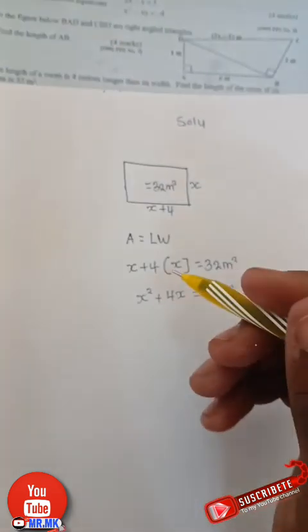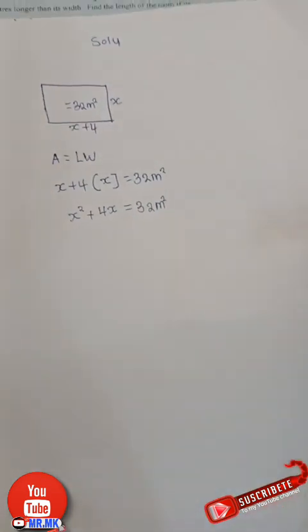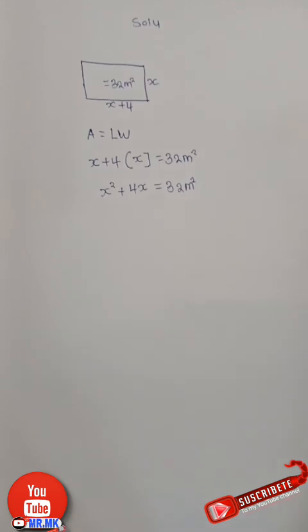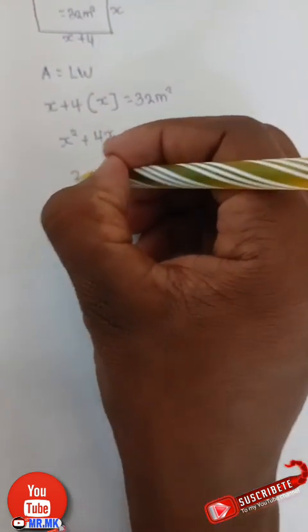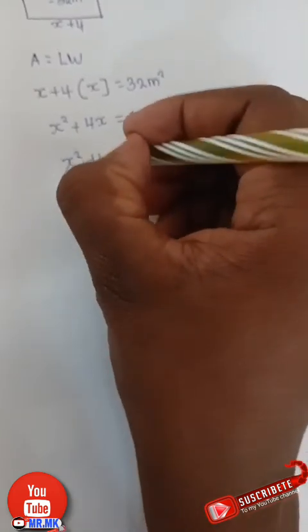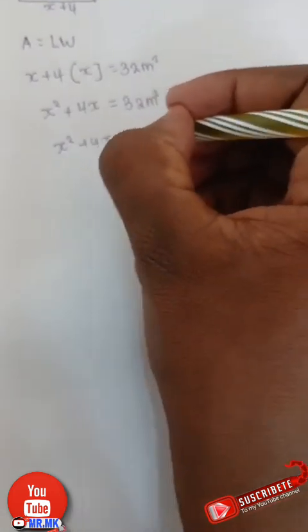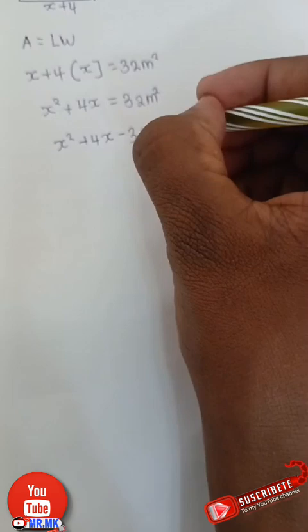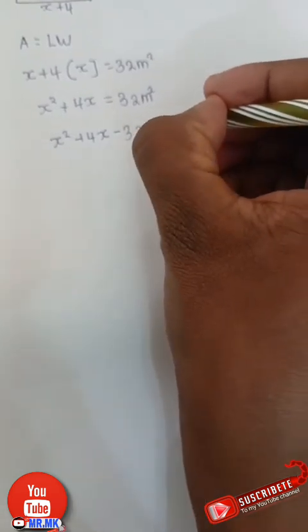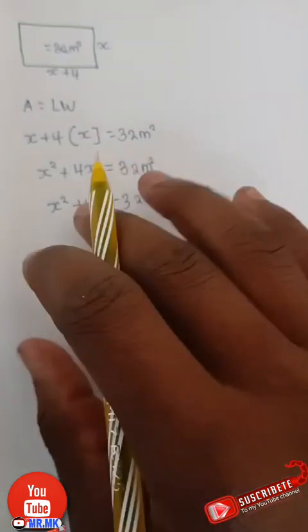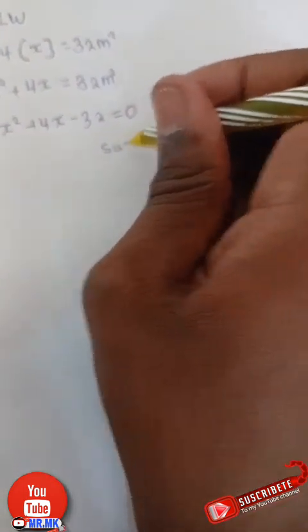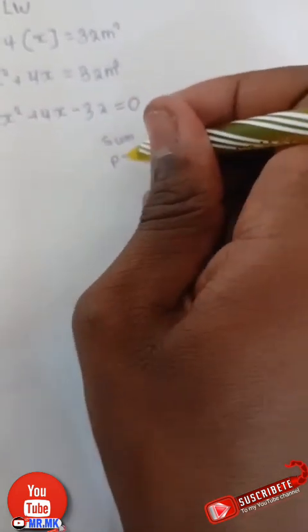Now after you have done this, let's write it in the form of a quadratic equation. x squared plus 4x minus 32 is equal to 0. After you have written it in the form of a quadratic equation, let's factorize by looking at the sum and product.